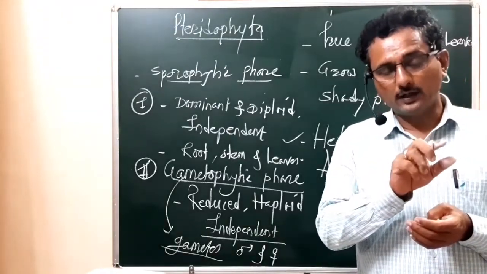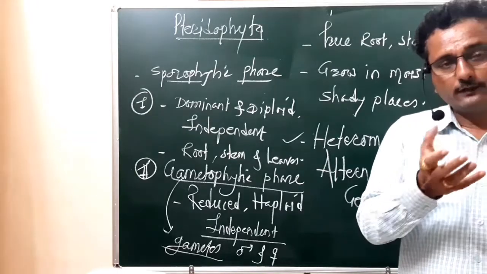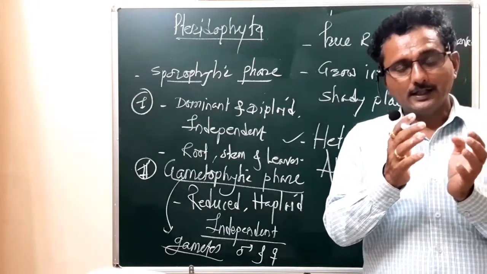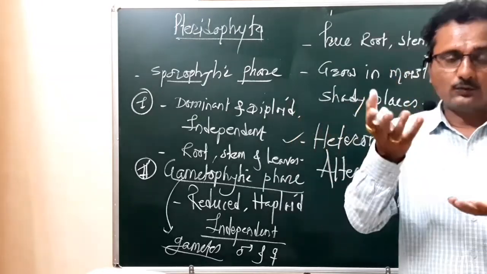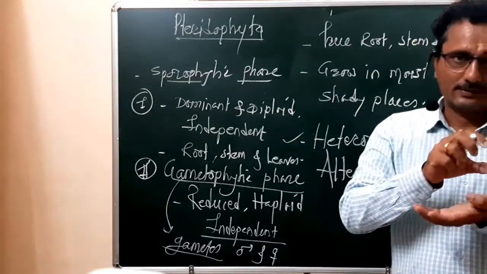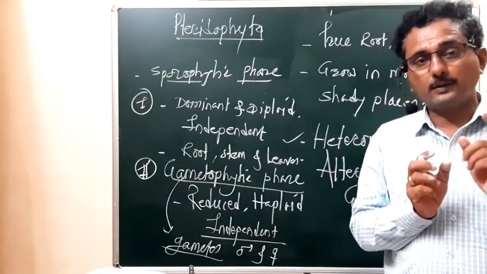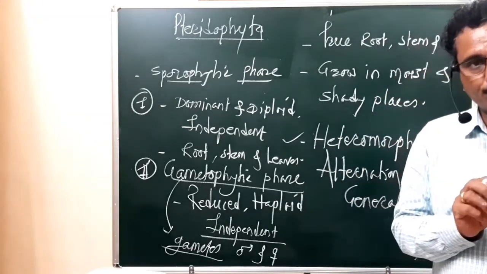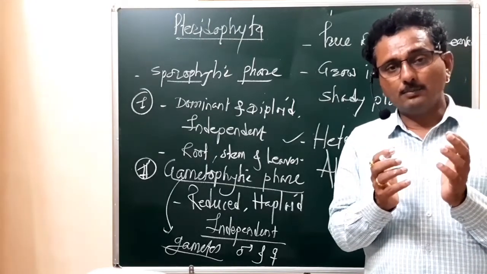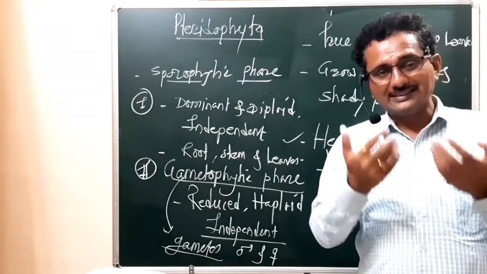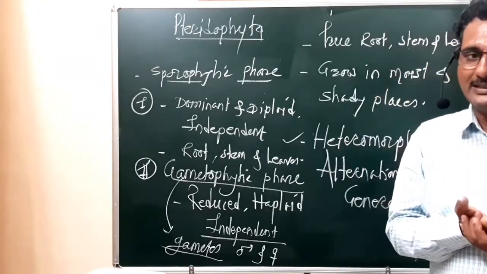That means in Bryophyta, the Sporophytic phase and Gametophytic phase are not separated. Such thinking you have to do because it is necessary while giving the answer in CET or NEET exams.